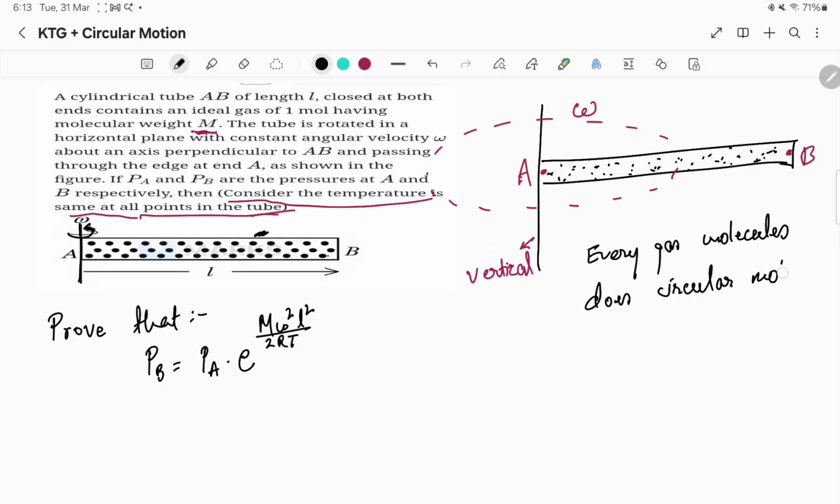And if every gas molecule is doing circular motion, that means they need some centripetal force. If any particle is doing circular motion with constant omega, one force is required, that is centripetal force.